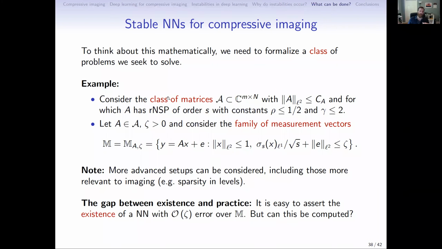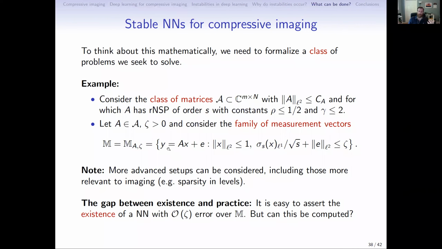So what this means mathematically is we're going to take a class of matrices, script A, and these are going to be matrices that have this robust null space property of order S with certain constants. These constants don't really matter. And now for each matrix, we're going to think about the family of measurement vectors.